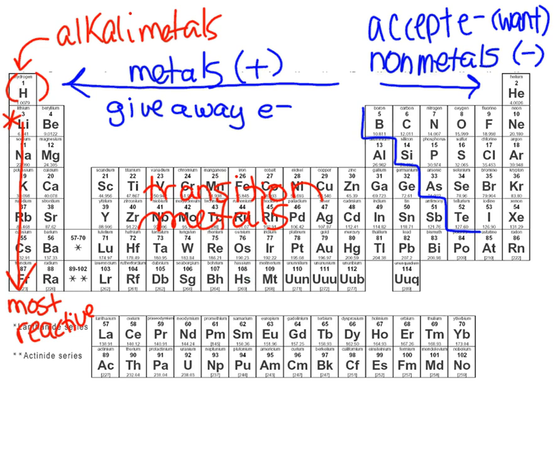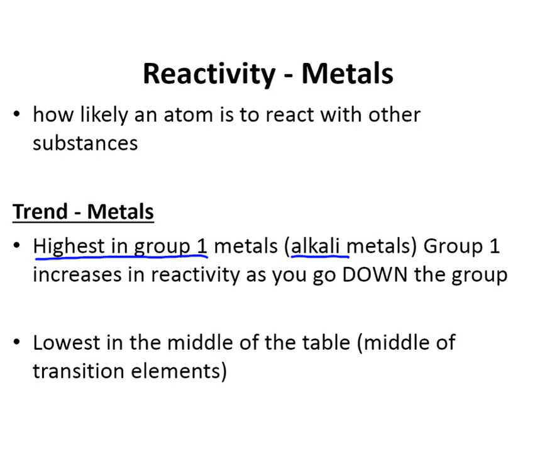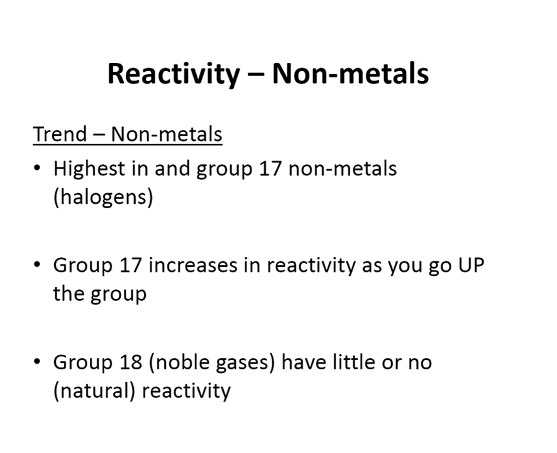If we go back, now we're going to look at nonmetals. There's also a trend with nonmetals. In group 17, which are your halogens, they have the highest reactivity out of all of the nonmetals. In the halogens, the reactivity increases as you go up the group.